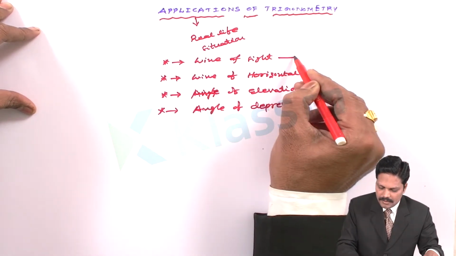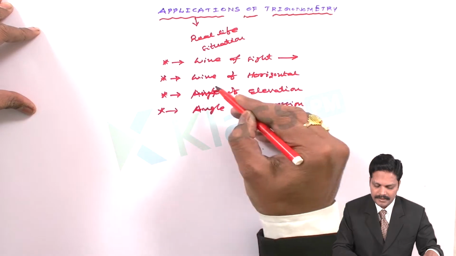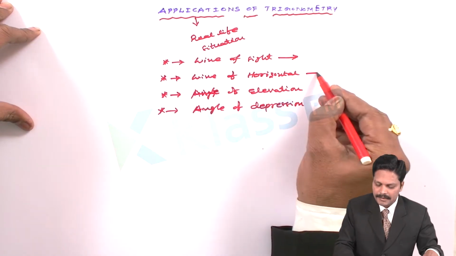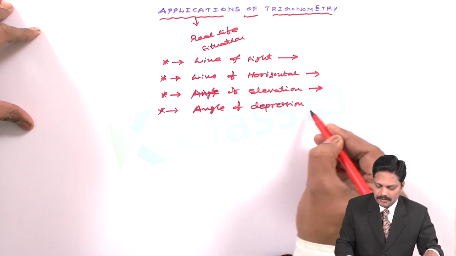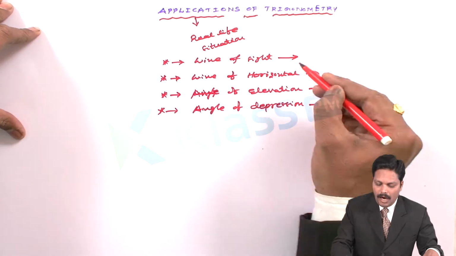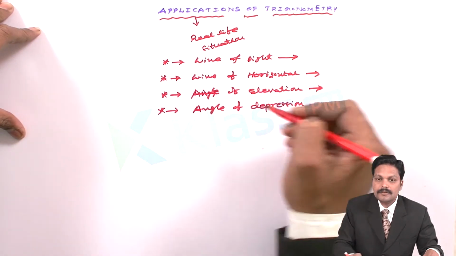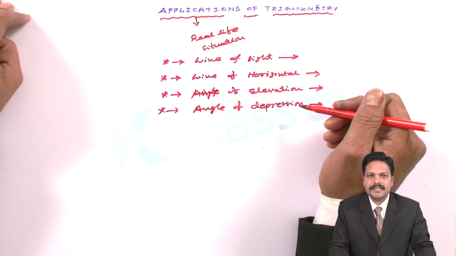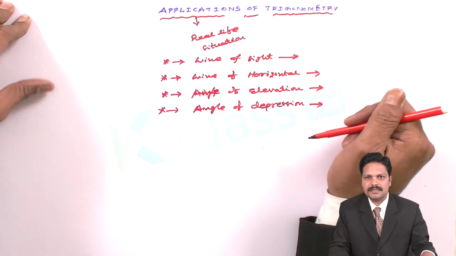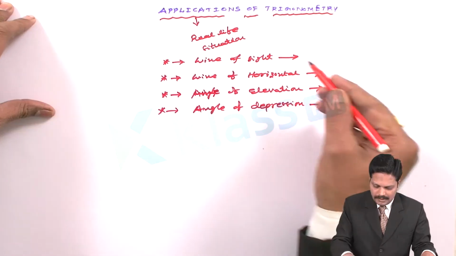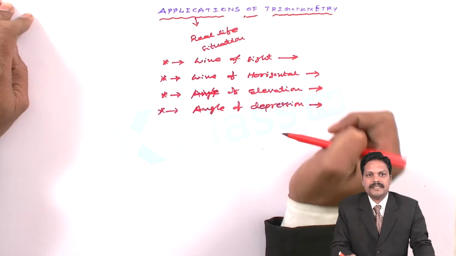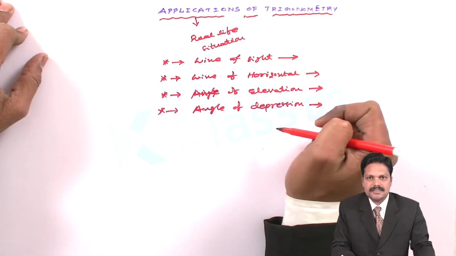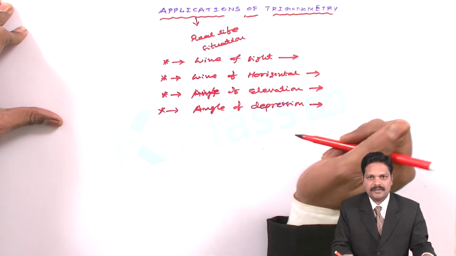What is the meaning of line of sight, horizontal line, angle of elevation and angle of depression? If we know these four concepts, we can measure the angles and the distances of particular objects.